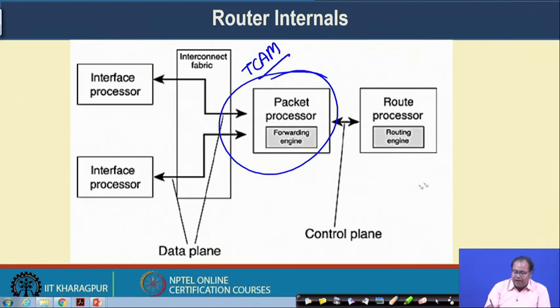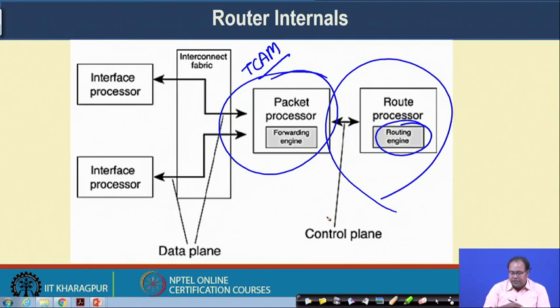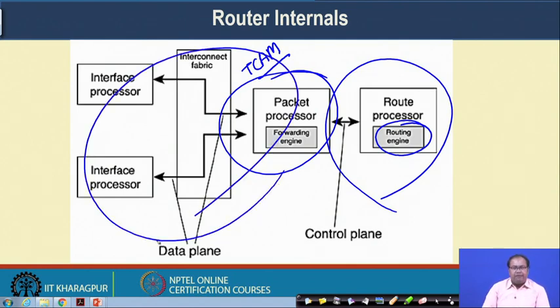Then you have the route processor, a general purpose processor which implements the routing engine, that means finding the routing path based on the specific routing algorithm configured in the router and then constructing the routing table. This part constitutes your control plane and this part constitutes your data plane in the router hardware.